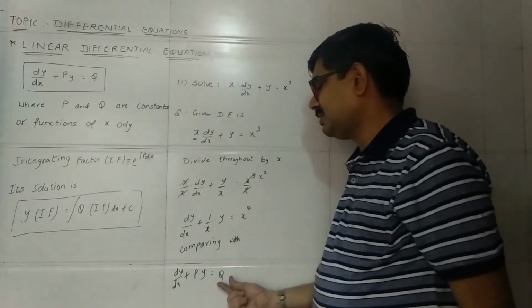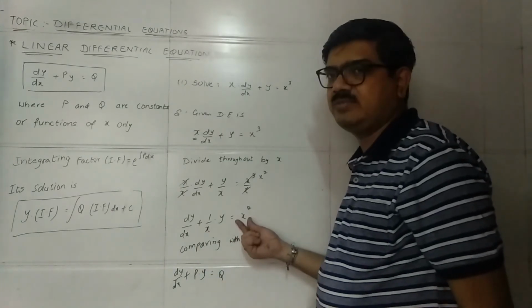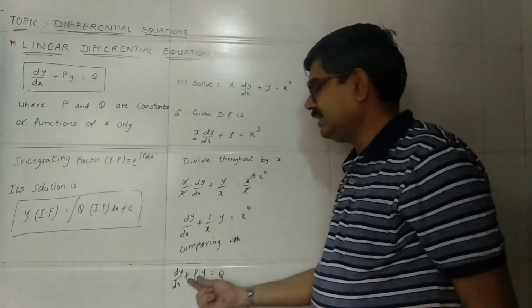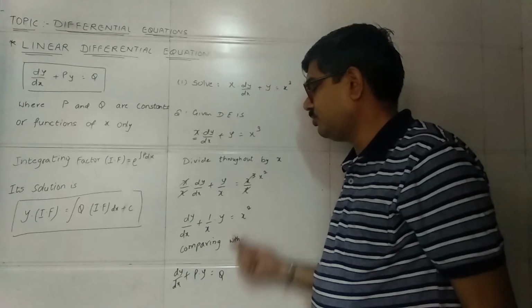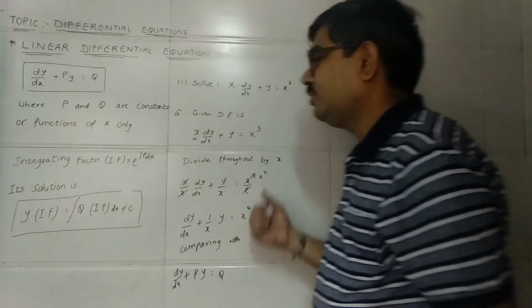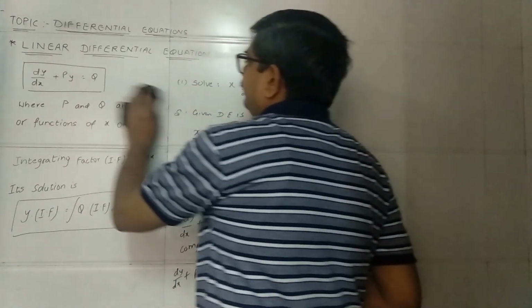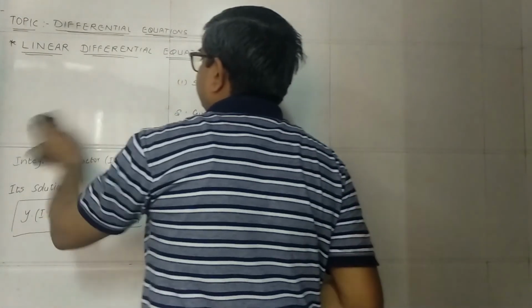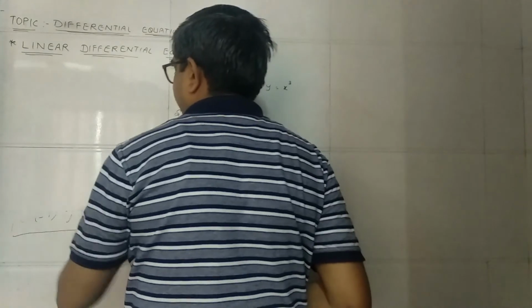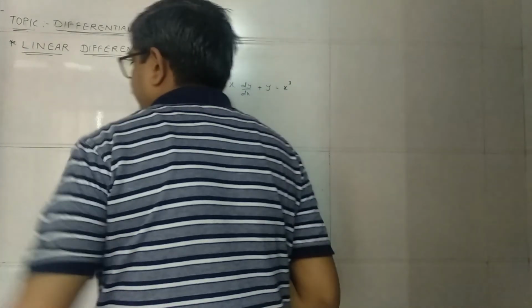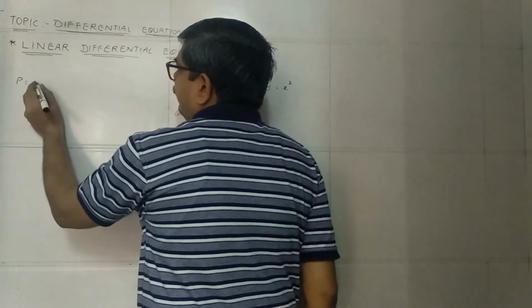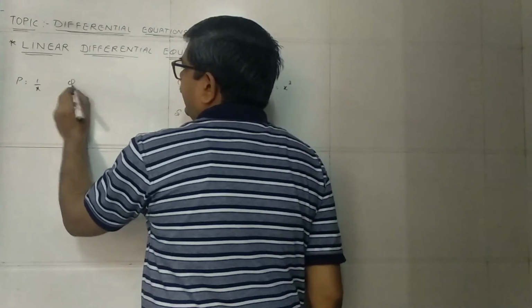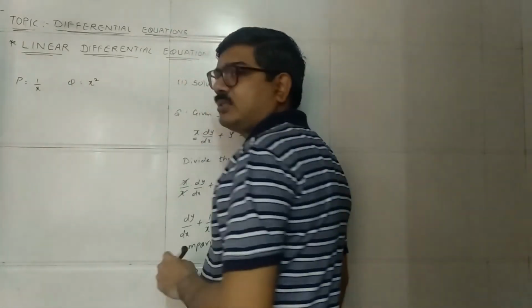And in the RHS, in place of q, x square is there, so q is equal to x square. So on comparing, what are the values of p and q? We got 1 upon x and x square. So we'll write those two values here. p is equal to 1 upon x and q is equal to x square.